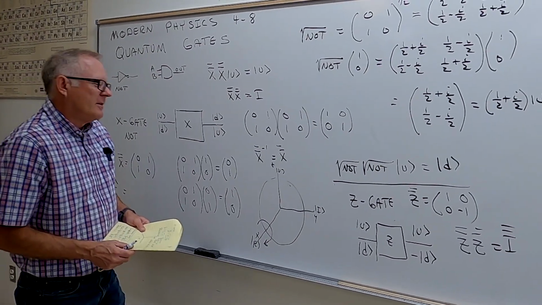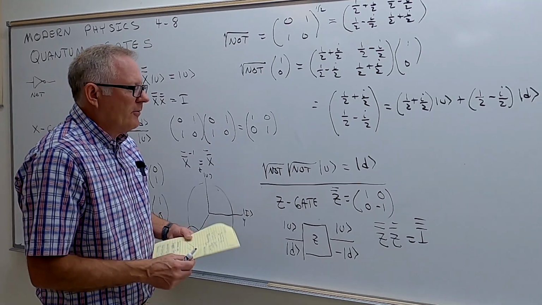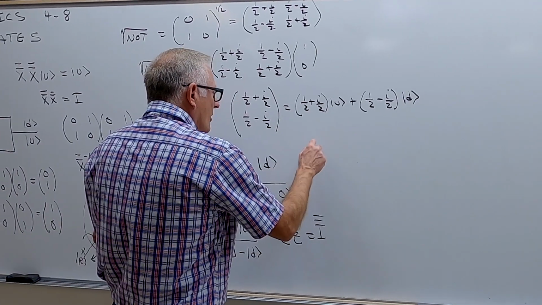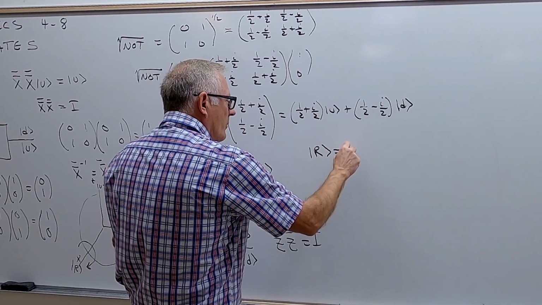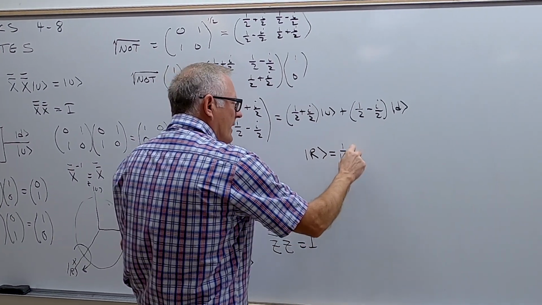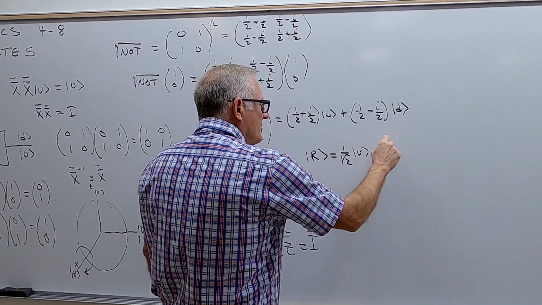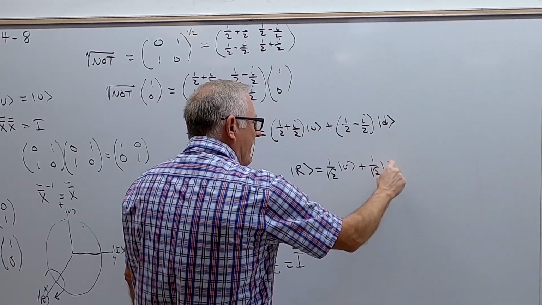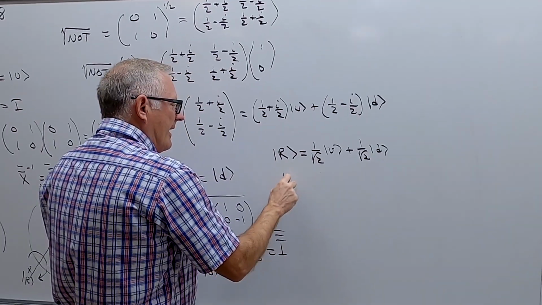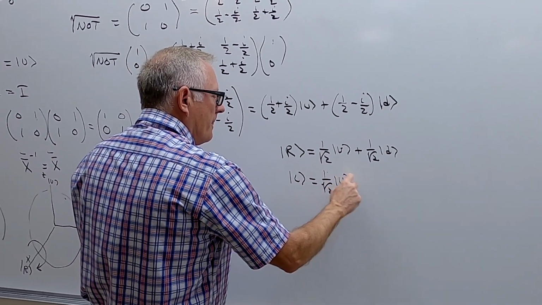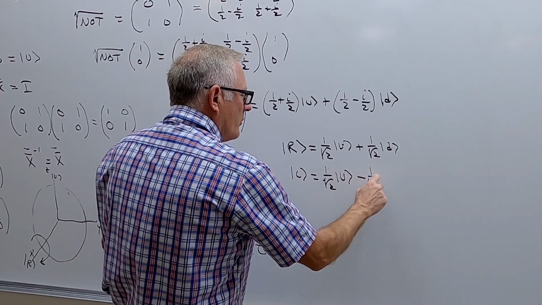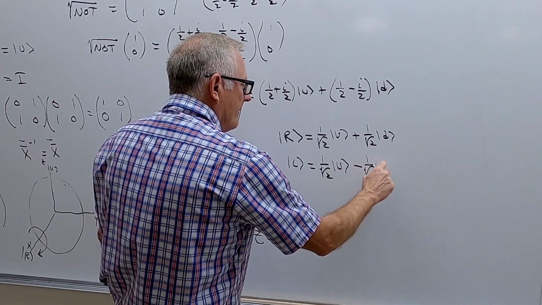You might say, what the heck does that do? Well, if you remember what right is: wasn't right 1 over the square root of 2 up plus 1 over the square root of 2 down, and left was 1 over the square root of 2 up minus 1 over the square root of 2 down?